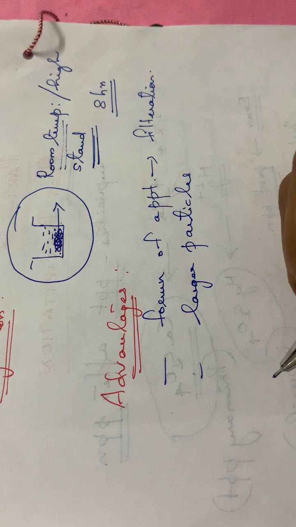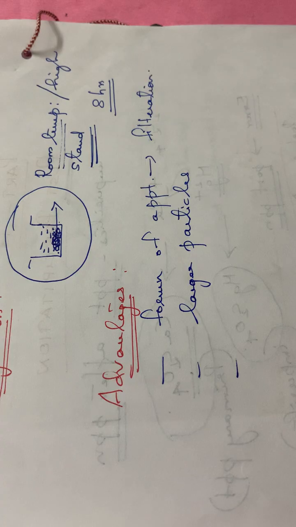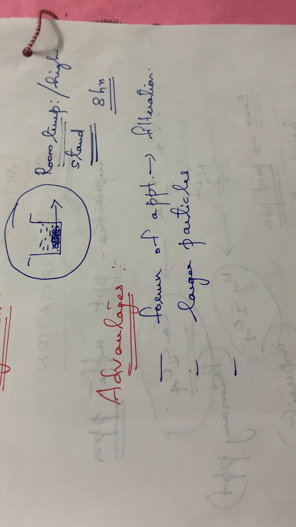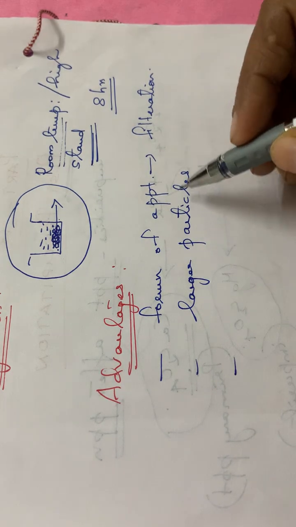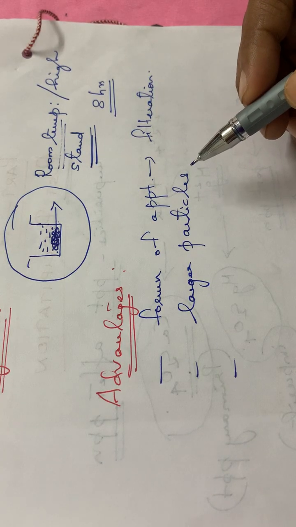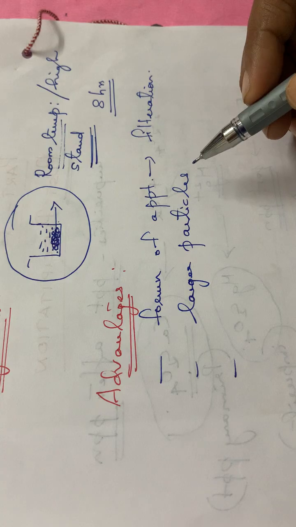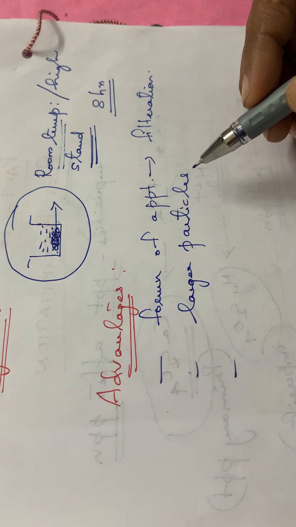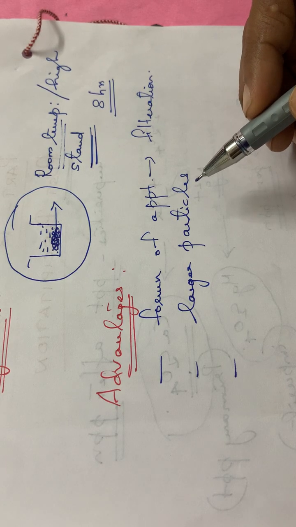And also, sometimes impurities might be present. Because of the larger particles, or the increase in the size of the precipitate, the impurities may not get adsorbed on the surface of the precipitate.